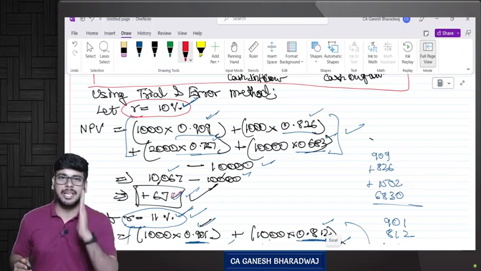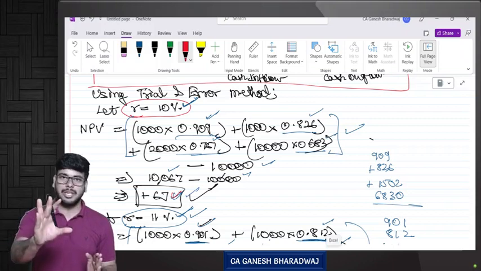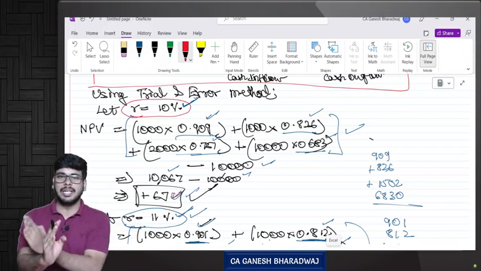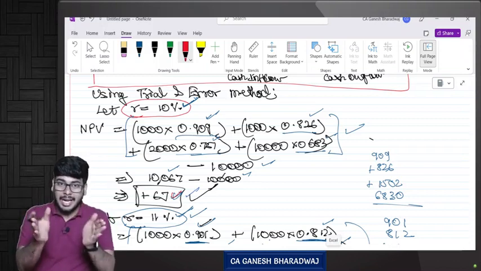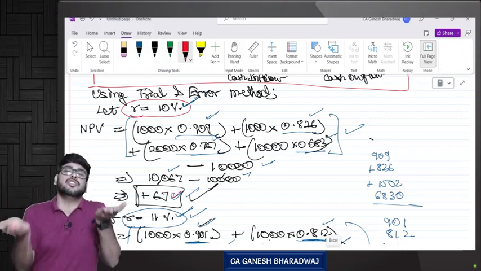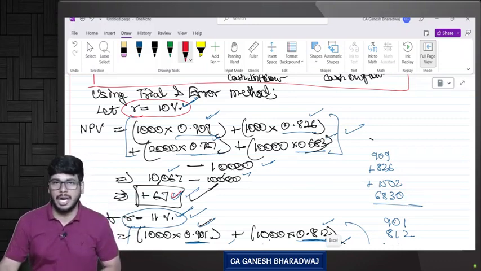So always ensure that when you are taking two trials, we want our NPV to be 0, correct? Take one trial that gets a positive NPV and another trial that gets a negative NPV, so that the IRR, the required rate of return, lies between these two rates. That's when the interpolation technique will properly be adopted. Are you clear with this?